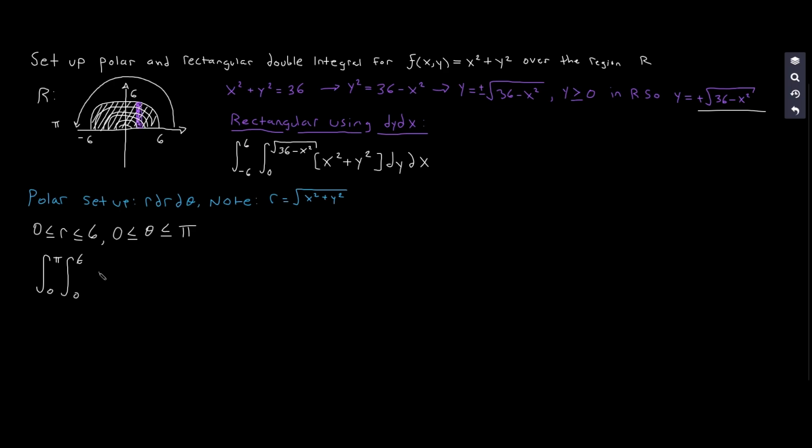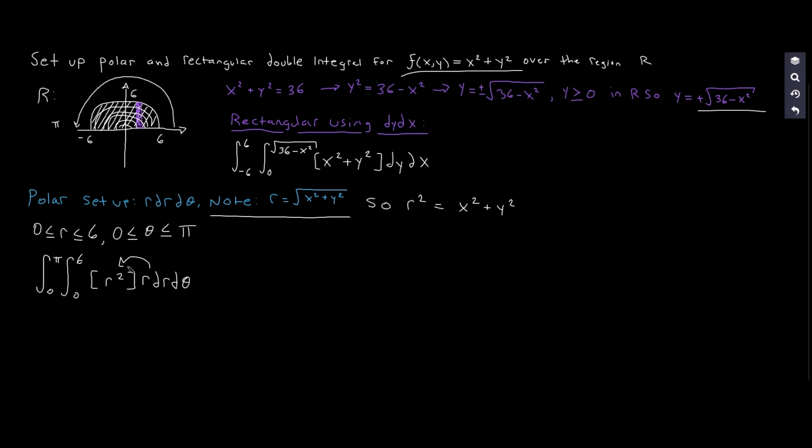And on the inside, r equals the square root of x squared plus y squared, so r squared equals x squared plus y squared. That means we're going to have r squared in the integrand, because that's the function given to us, and then r dr d theta.